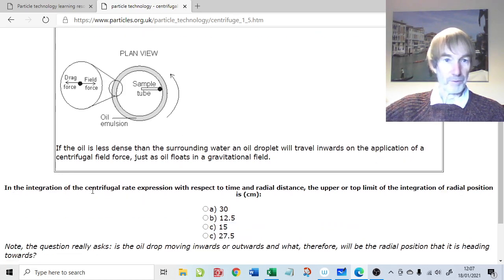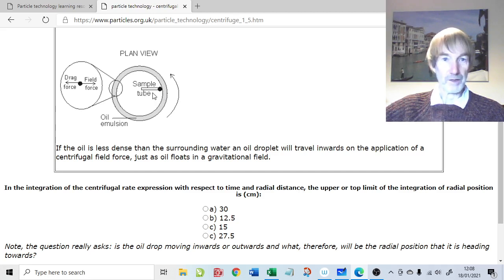We now need to integrate the centrifugal rate expression with respect to time and radial distances, and the upper limit for the integration of radial position is, well, think about this, because we're integrating from the outer wall to the inner wall, the upper limit is actually going to be 12.5. That's the 15 centimeters radial position to the outer wall, stepping back 2.5 centimeters, because that's what we know the thickness of the channel is.